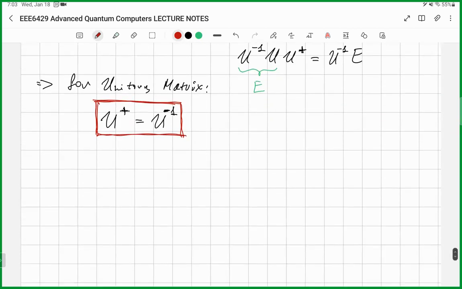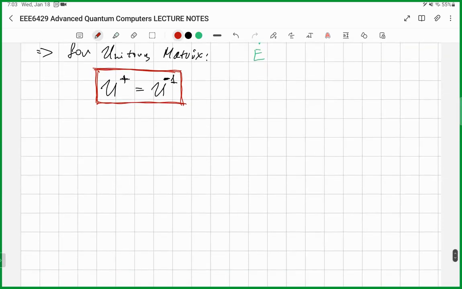This is very important. So basically, this is the definition of a unitary matrix.